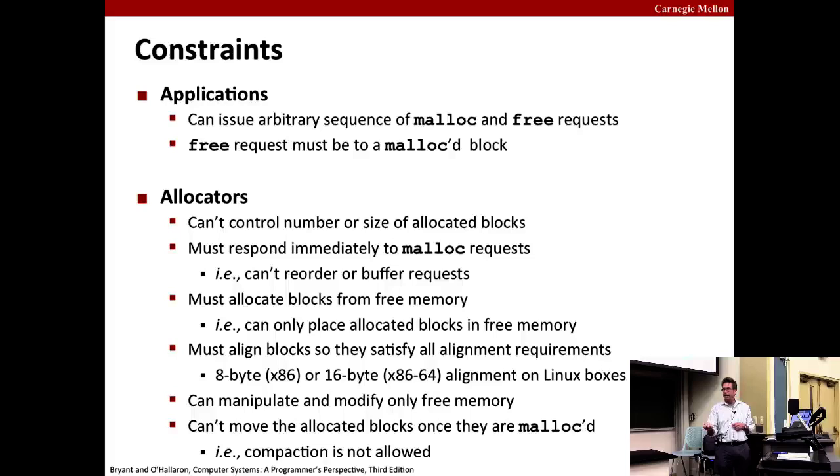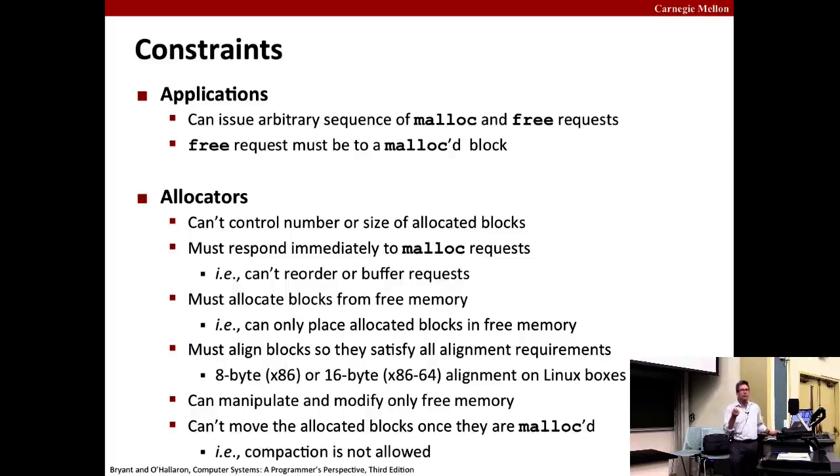When it gets called, it has to process the request and then return right away. It has to, of course, allocate blocks from free memory, so in general it can't touch any allocated block. Once it allocates a block, that block belongs to the application, and the malloc package can't touch it.